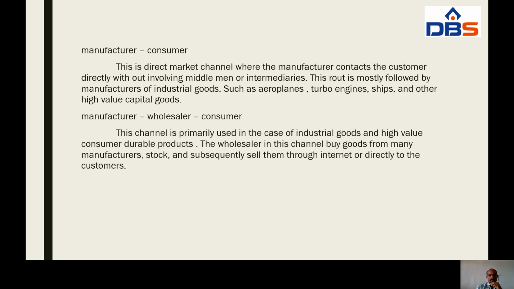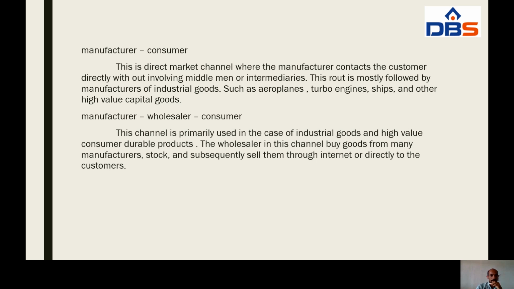This route is mostly followed by manufacturers of industrial goods such as airplanes, turbo engines, ships, and other high-value capital goods. Here there are no intermediaries or middlemen. Manufacturers are in direct contact with customers.